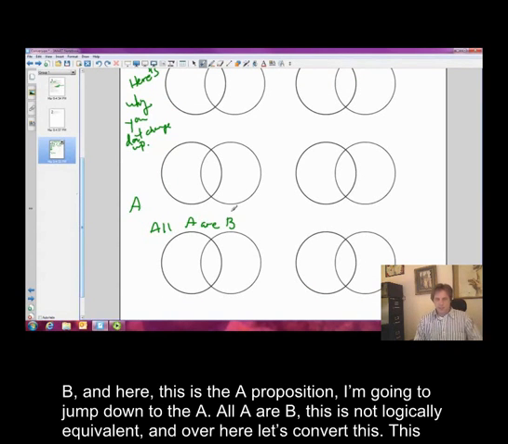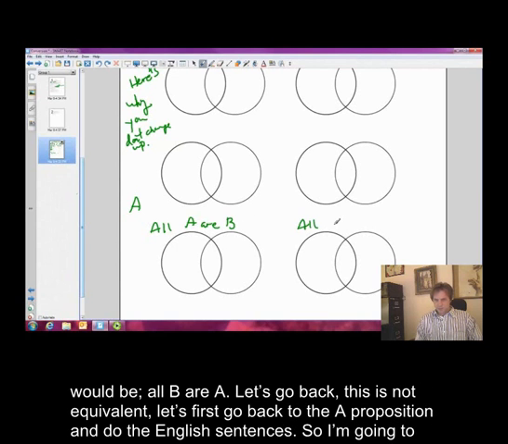I'm going to jump down to the A. All A are B is not logically equivalent. And over here, let's convert this. This would be all B are A. So now this is not equivalent.